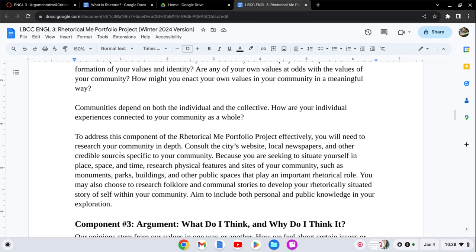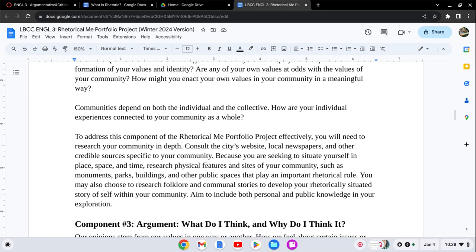Because you are seeking to situate yourself in place, space, and time, research physical features and sites of your community, such as monuments, parks, buildings, and other public spaces that play an important rhetorical role. You may also choose to research folklore and communal stories to develop your rhetorically situated story of self within your community. Aim to include both personal and public knowledge in your exploration.